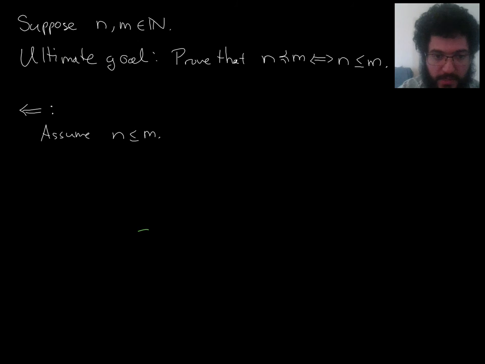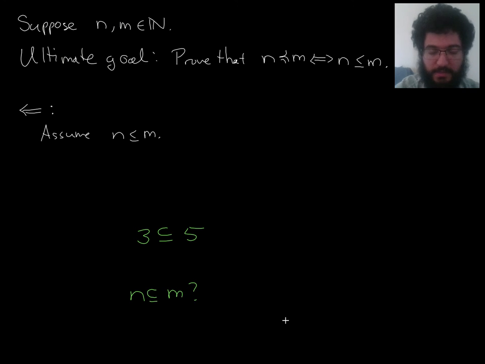So what made this work? It was the fact that 3 is a subset of 5, right? That's what allowed this to work. So that happened with 3 and 5, but does it always happen? If n is less than or equal to m, then do you think n is a subset of m? Well, what would you do to prove that n is a subset of m? You would consider any k in n, and then you would try to show that that k is in m, right?